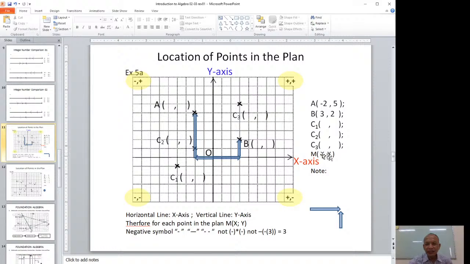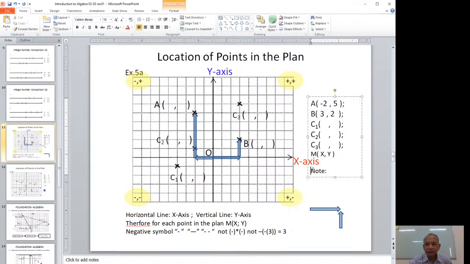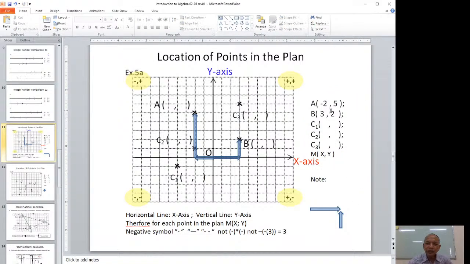So here, each point will comprise two numbers, a pair of numbers. A point M must be characterized by coordinate x and coordinate y.